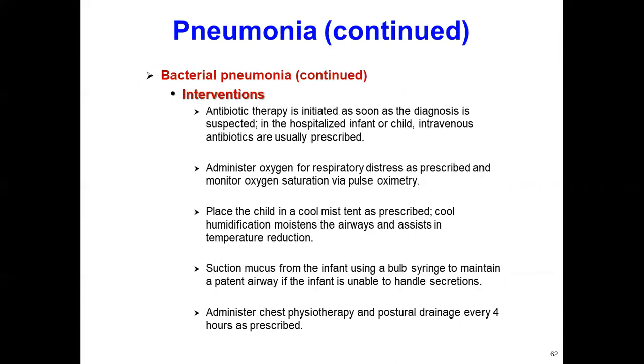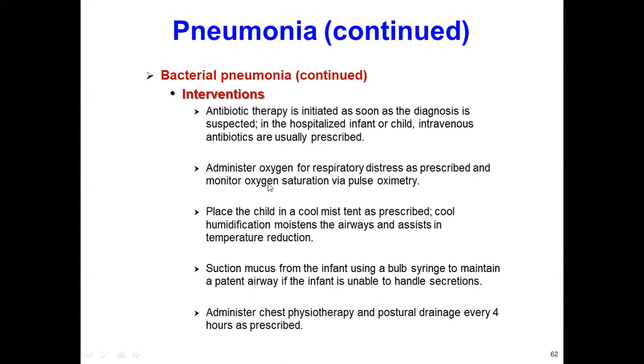So what next? What are the interventions? If it is bacterial, we give antibiotic therapy. Antibiotic therapy is initiated as soon as diagnosis is suspected. In the hospitalized infant or child, intravenous antibiotics are usually prescribed.